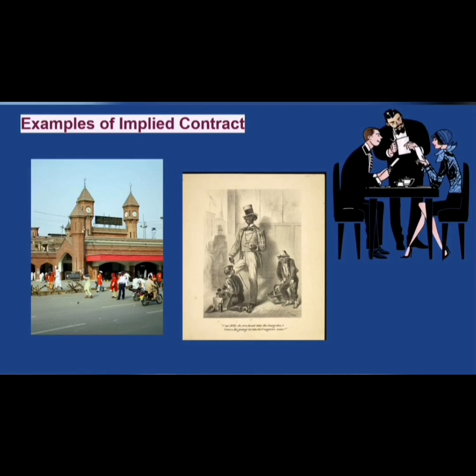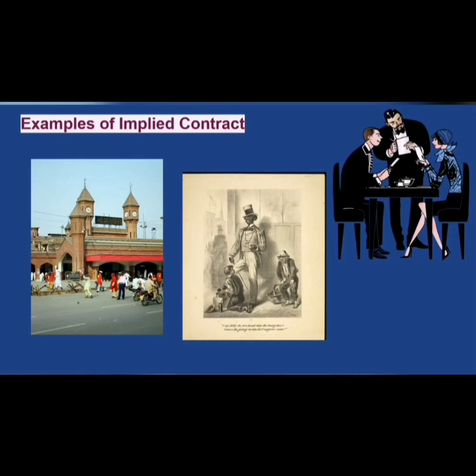And the coolie's act is picking up your luggage without asking or requesting. So both parties are acting. This act is going to constitute a contract between the coolie and you.